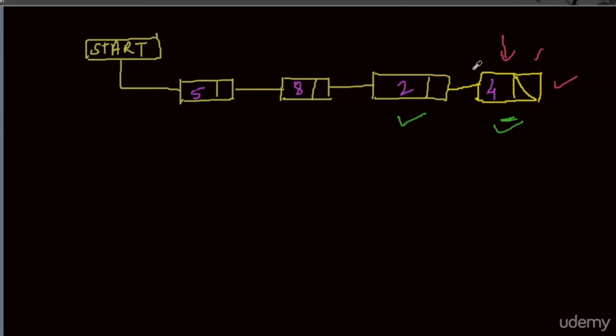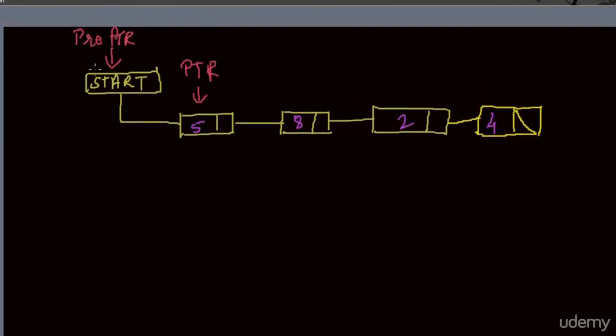Now try to understand how we can do the same programmatically. In order to do that, we need to take two pointers. For example, one pointer's name would be pre-PTR and one pointer's name would be PTR. So one would be one node behind the pointer PTR. This is PTR and this would be pre-PTR.